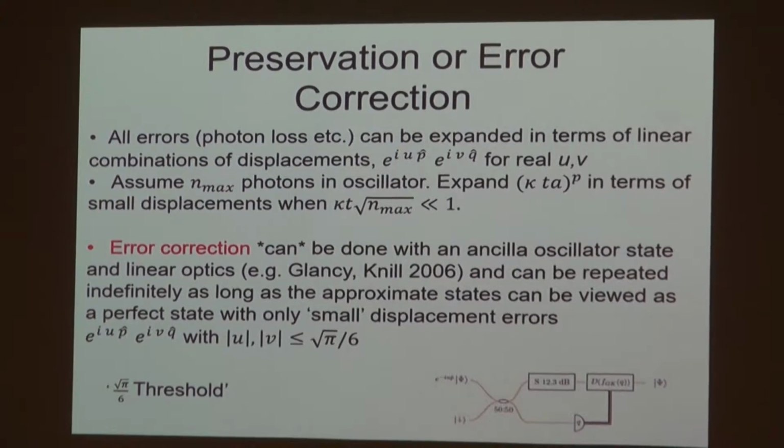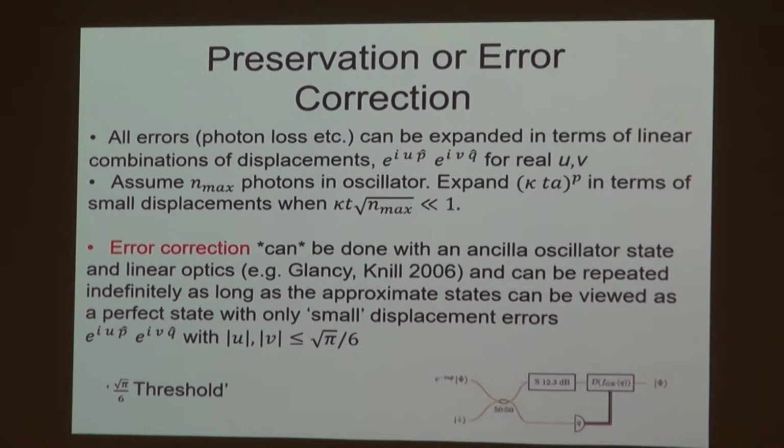Now, when I talk about these states to other people, one of the things that I think is the hardest to understand, or the question I always get, is: well, displacement errors, fine, but I have a cavity mode, and the predominant source of noise is photon loss.